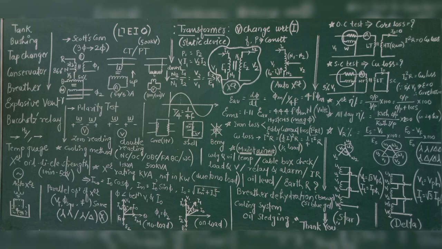In core type the windings are outside, used for HV, and shell type transformers are used for LV.